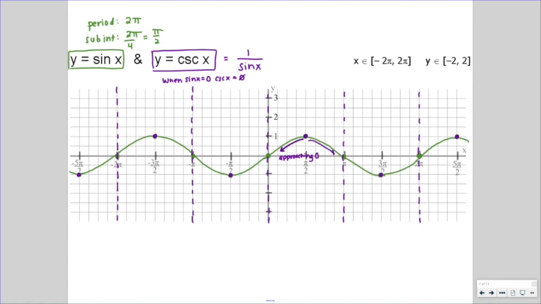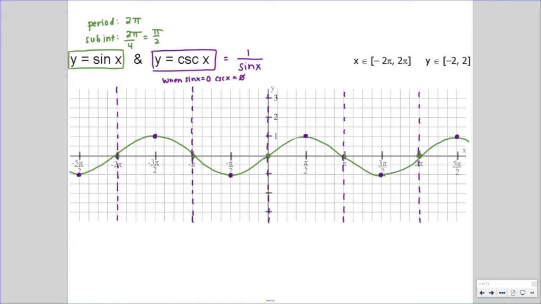Also, if we go to the right, we're approaching 0 in both directions from that maximum. So think back to our discussion about reciprocals. As x approaches 0, the reciprocal 1 over x is going to approach infinity. As our sine curve gets smaller and smaller, our cosecant curve is going to get bigger and bigger, because they're reciprocals of one another. That's how the math is going to work out there.